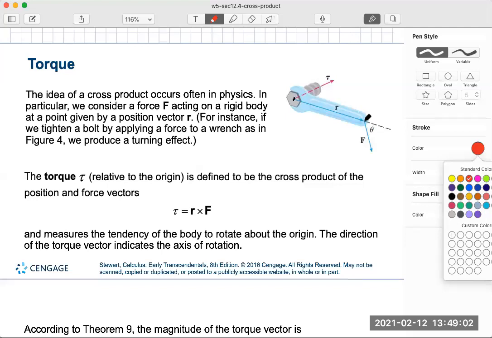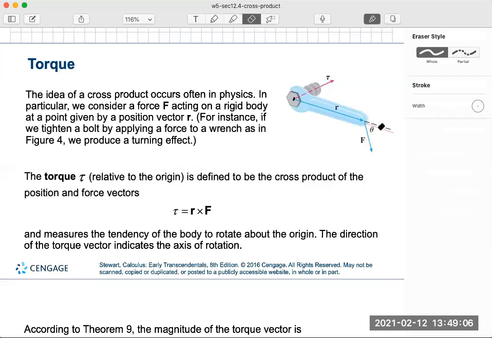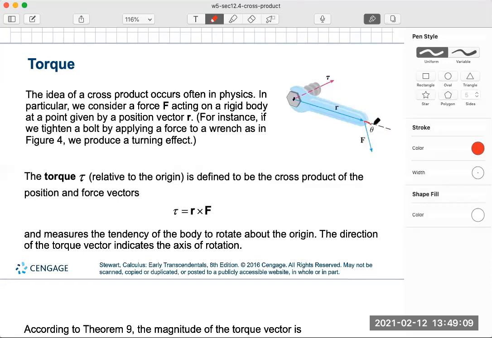Remember that it should follow the right-hand rule as well. Okay, this is vector R, okay? Look at this. If your index finger is R, right? Your force F is the middle finger. Then your thumb will be pointing this way. That is why we have the torque like this in the picture, right?